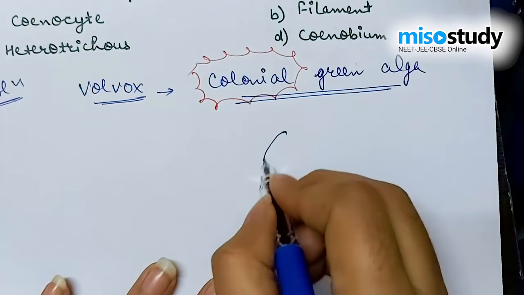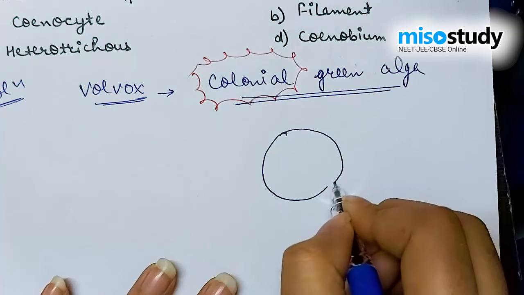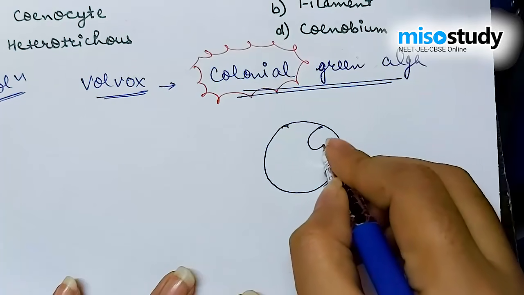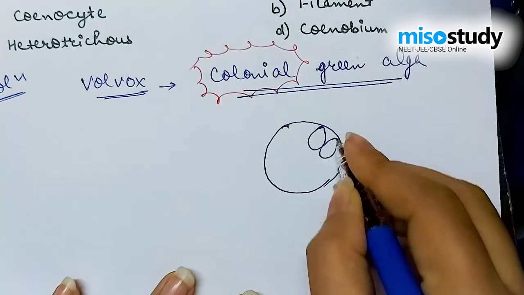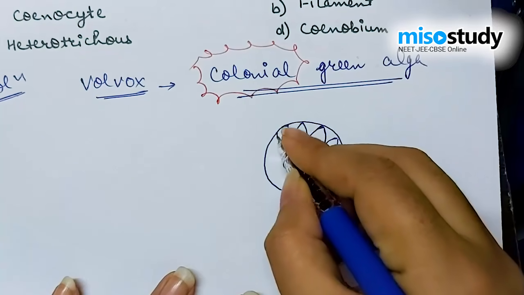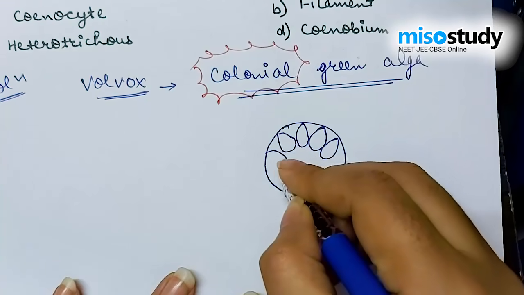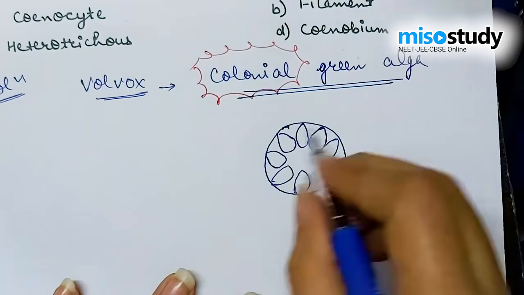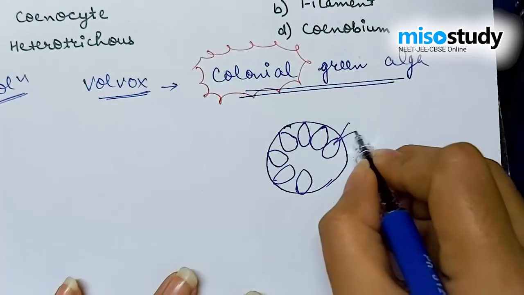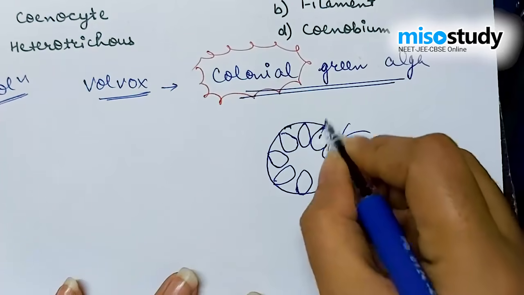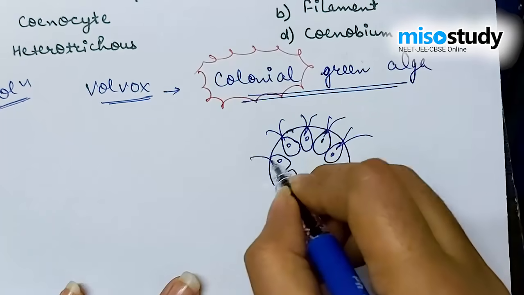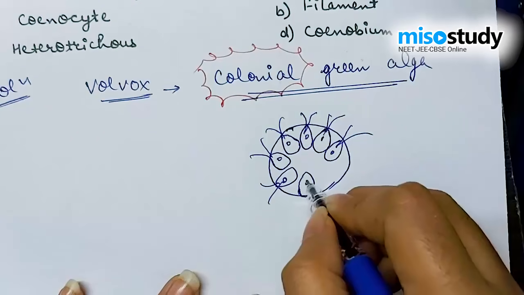Let's take a rough picture with the help of which we generally consider the alga. Here they are colonial. They are present in colony basically. Such types of structures are present all over this membrane-like layer, and these are present in a circular manner. From the top there is an emergence of flagella.